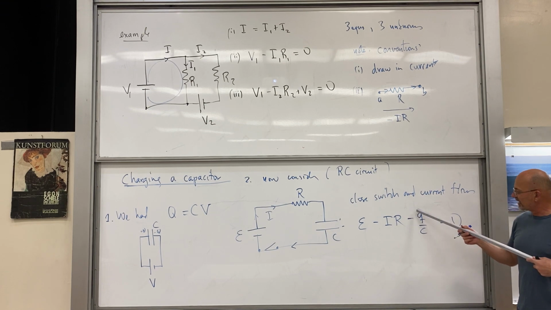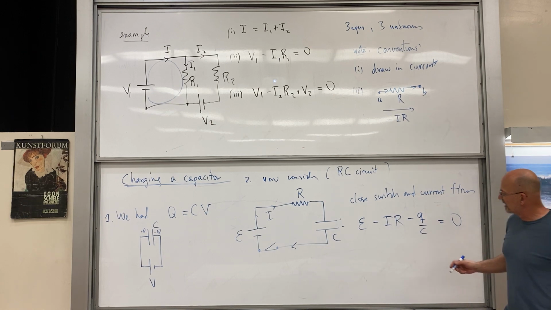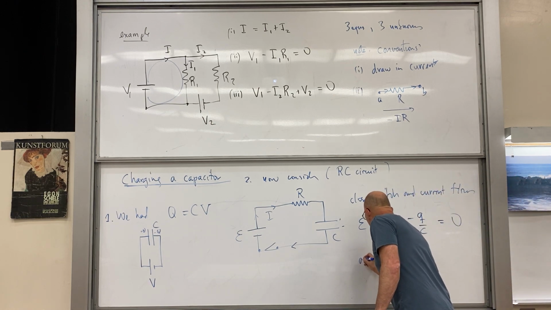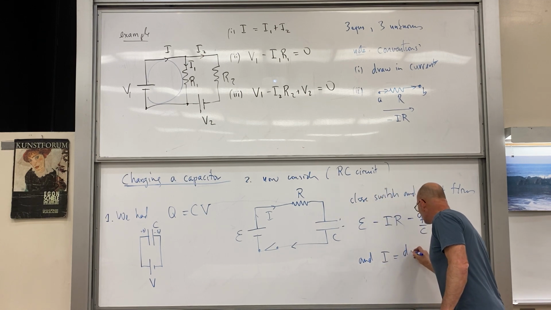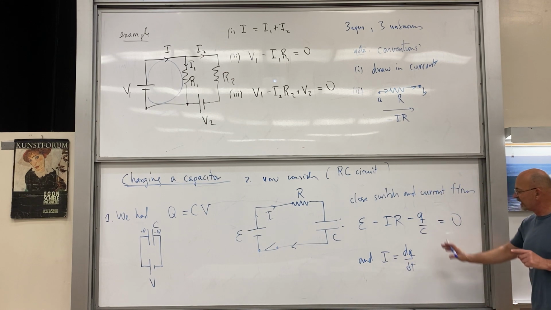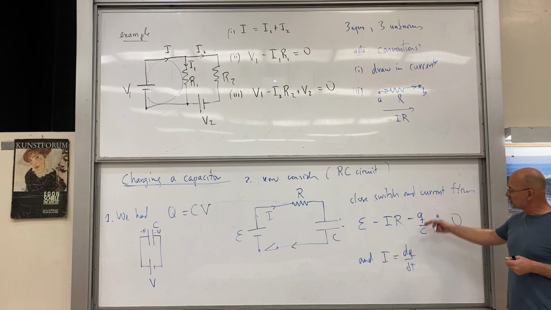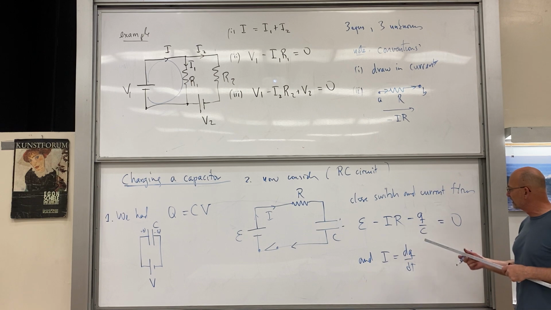Now, we have Q and we have I, but this is going to be a differential equation because I is equal to dQ over dt. So we have a first order differential equation that I'm going to show you how to solve, and we'll get the time behavior.